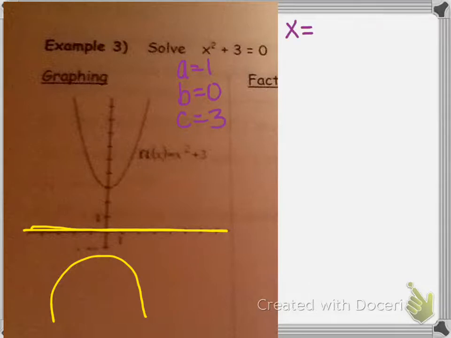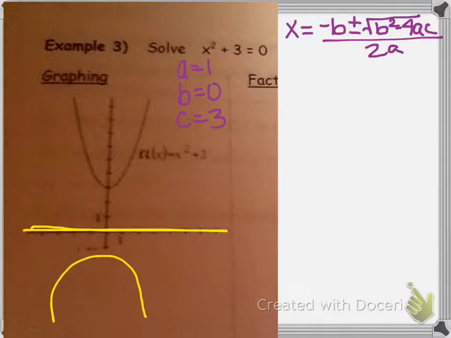Quadratic formula: x equals minus b plus or minus the square root of b squared minus 4ac, divided by 2 times a.